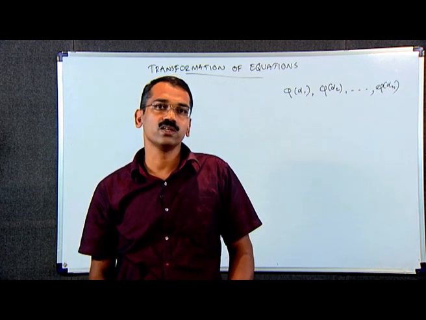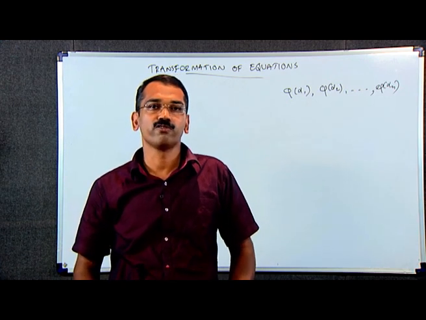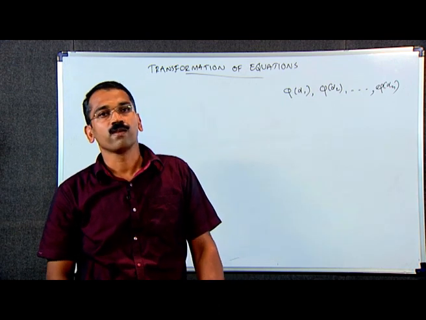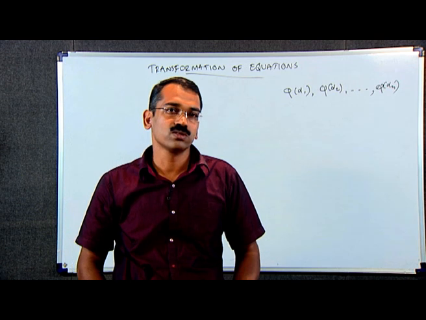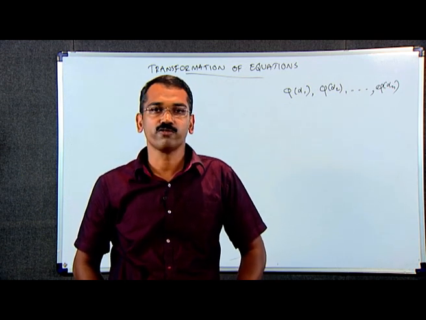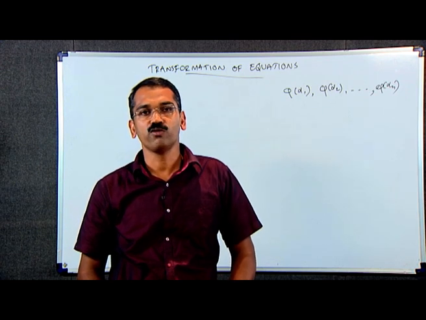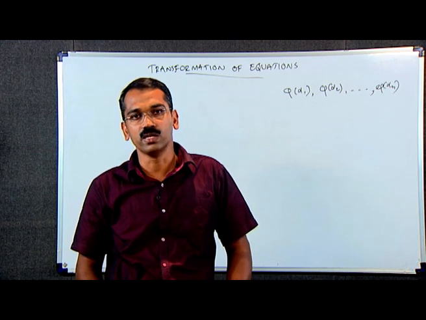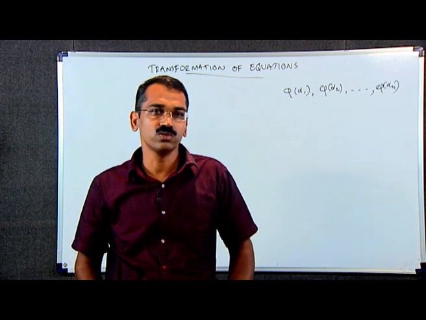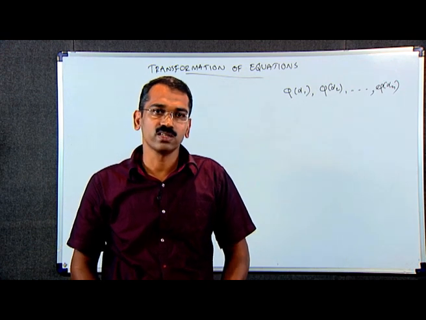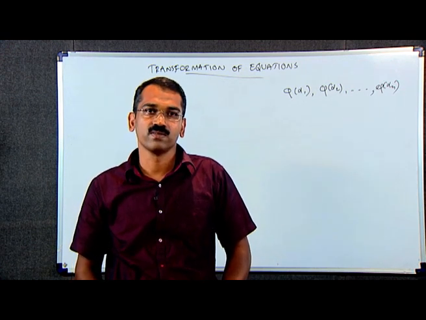To find the equation whose roots are phi of alpha 1, phi of alpha 2, etc., phi of alpha n, we proceed as follows. If x represents a typical root of f of x is equal to 0 and y represents the corresponding root of the transformed equation that is required to be found, then y is equal to phi of x, which is called the transformation relation.